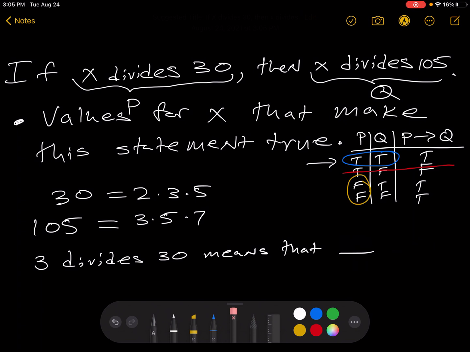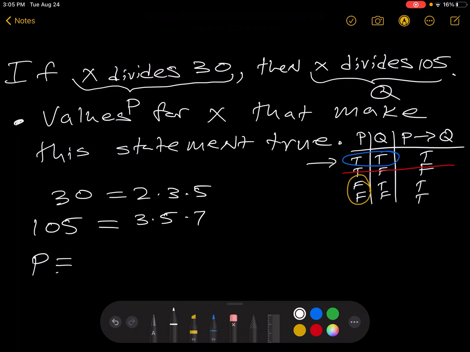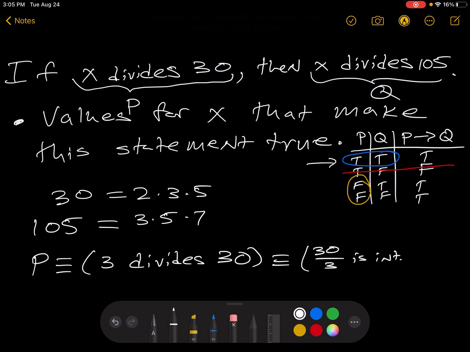Let me write this differently. Let's say P is 3 divides 30. Well, that's the same as saying that 30 over 3 is an integer, and that we know is true. 30 over 3, that's 10, which is an integer.